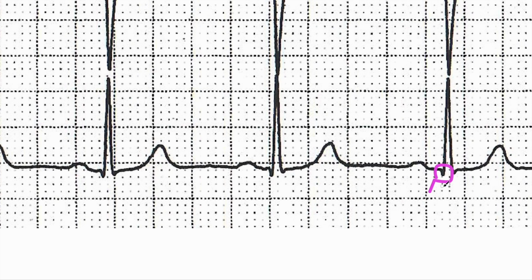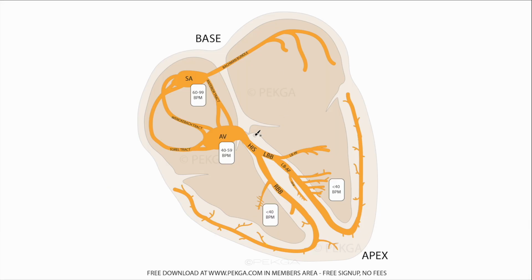So your QRS, that's related to the ventricular depolarization. A lot of times it gets skipped or not really discussed, but where's my heart? Here it is. As the signal moves from the AV node down into the ventricles via the His bundle and bundle branches, the first thing that happens is the septum gets innervated from the left bundle, and then almost immediately it gets innervated from the right bundle as well.